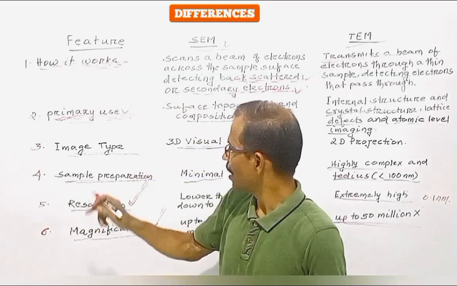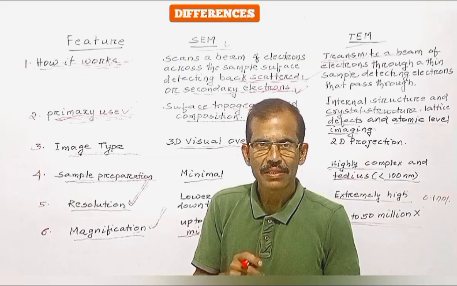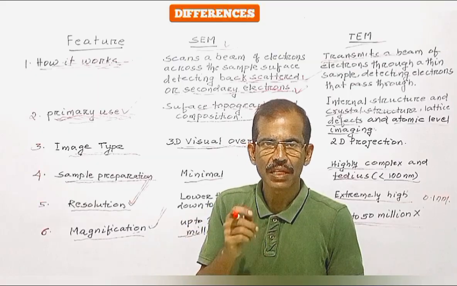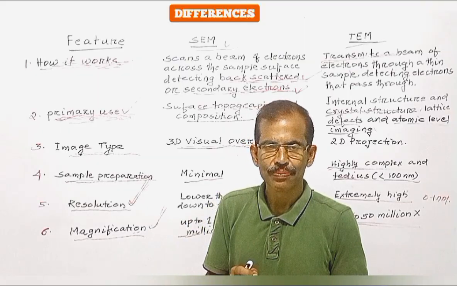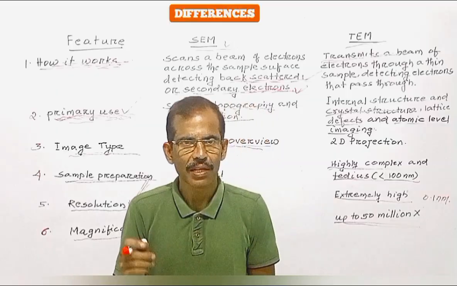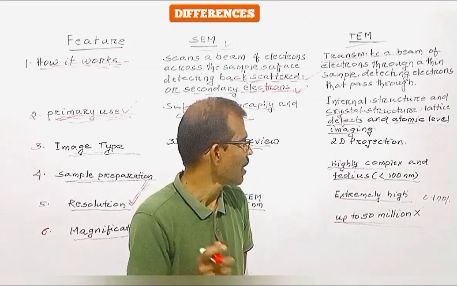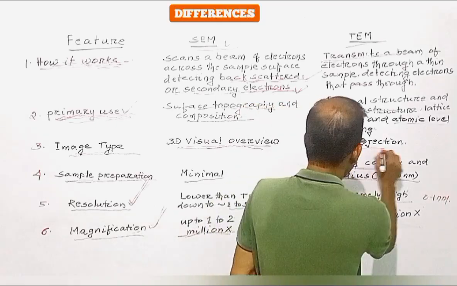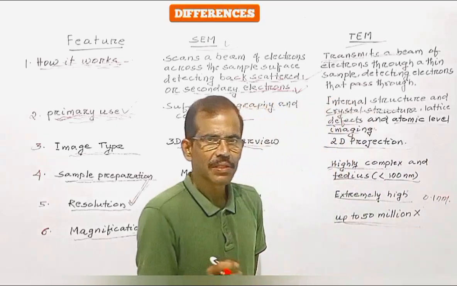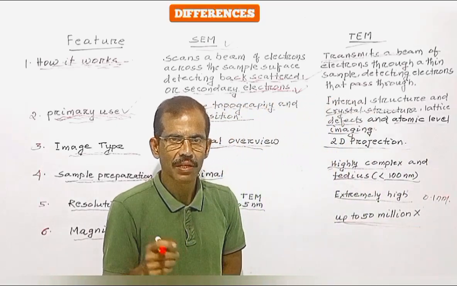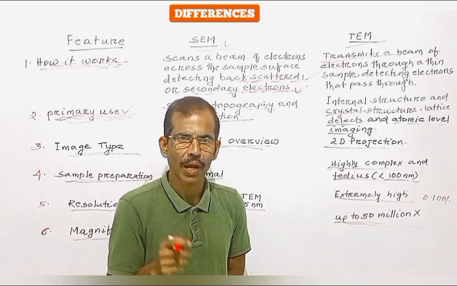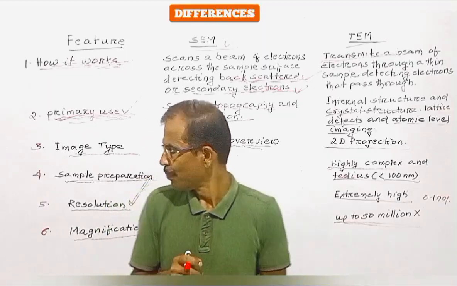Number three, image type. SEM generates a three-dimensional image. On the other hand, the image which is generated by transmission electron microscope is two-dimensional. It is similar to the image generated by the traditional bright field light microscope.